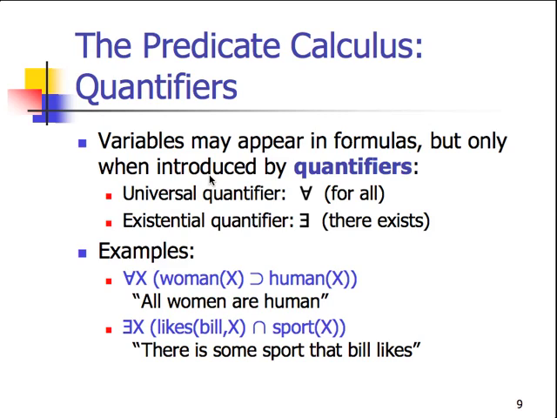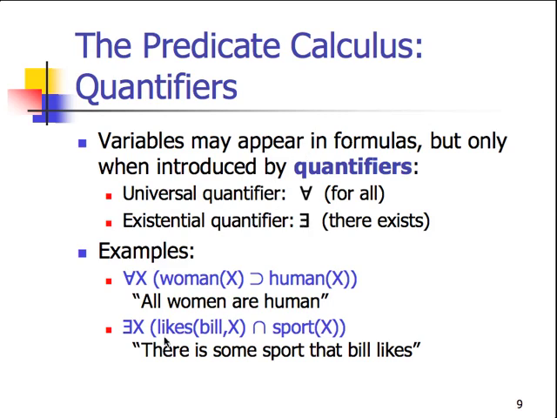For the predicate calculus in terms of quantifiers, variables may appear in formulas only when introduced by quantifiers. There's the universal, for all, or the existence relationship, where it says there exists. So there exists a person whose first name is Mary, or something.